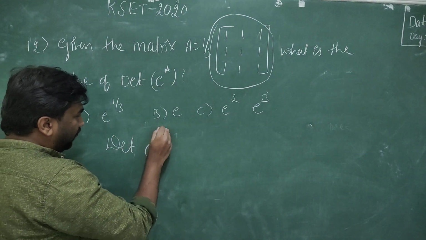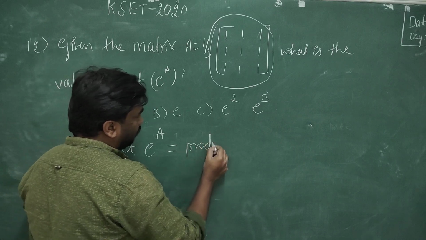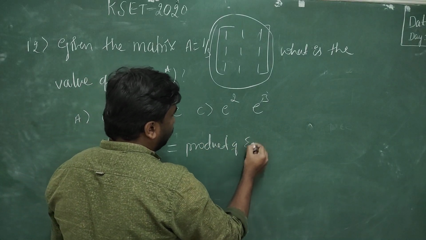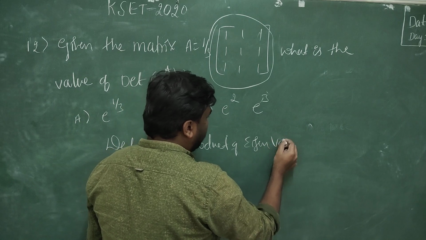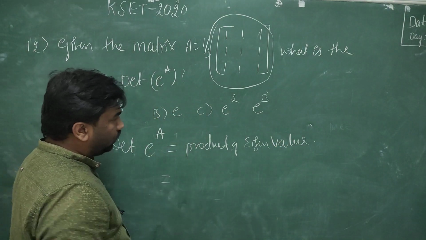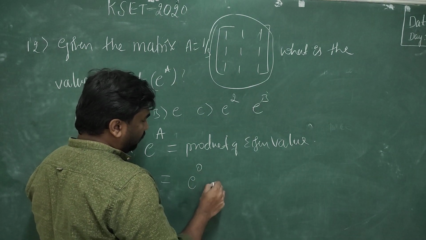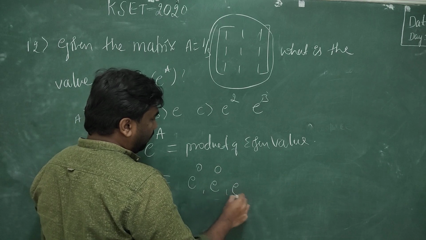The determinant of e power A is equal to the product of the eigenvalues. What are the eigenvalues? We know them as e power 0, e power 0, and e power 1.